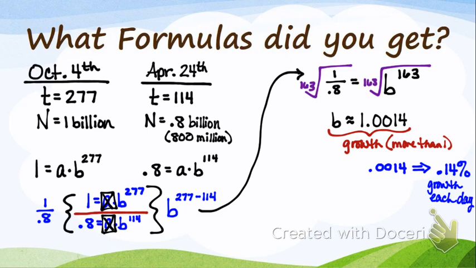I can take the amounts on either of these days, and I can use it as the A value as long as I say T minus this, or T minus this. So I can have the number of Facebook users is equal to 0.8. Which day am I using? Which one has 0.8? April 24th.